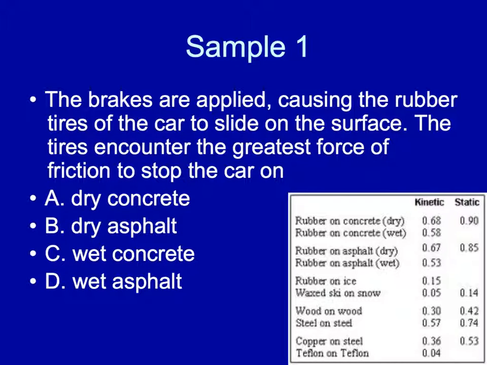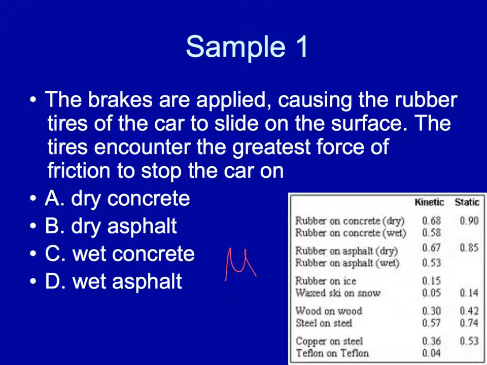So let's look at a sample problem. The brakes are applied, causing the rubber of the tires to slide on the surface. The tires encounter the greatest force of friction to stop the car on dry concrete, dry asphalt, wet concrete, or wet asphalt. Well, the greatest force of friction is going to be the greatest mu.